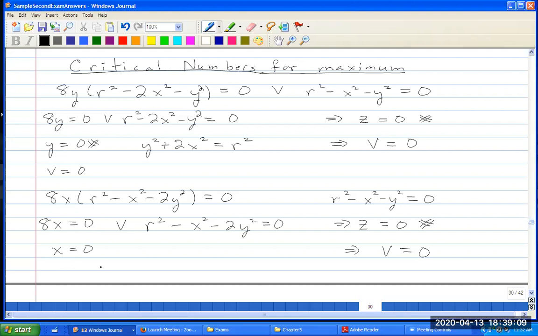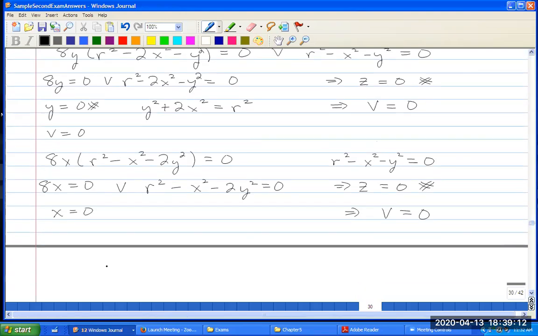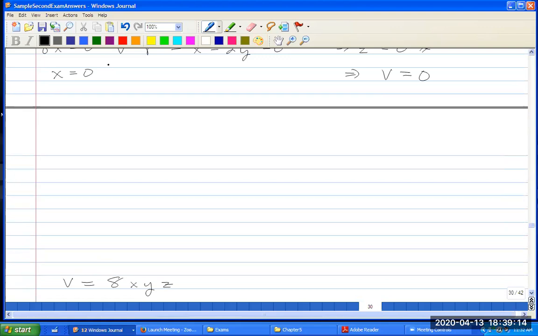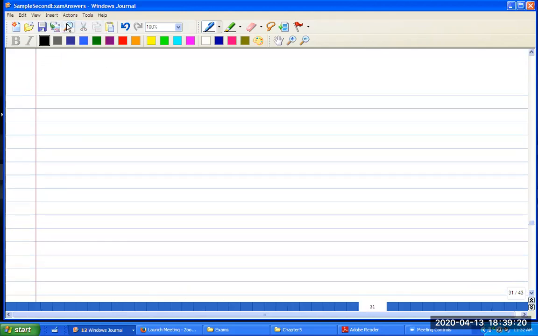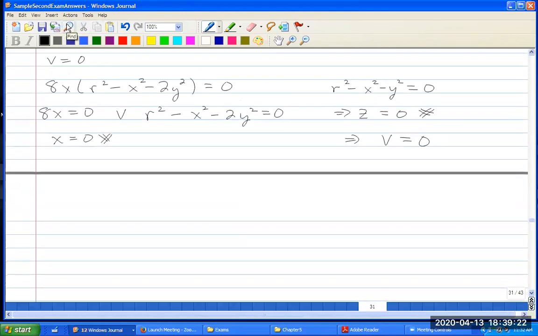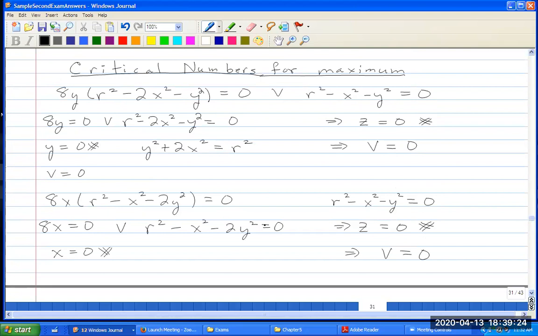But again, that would say that the volume is 0. And so that's a contradiction. That can't be a maximal value. And from here, I have that x squared plus 2y squared equals r squared.